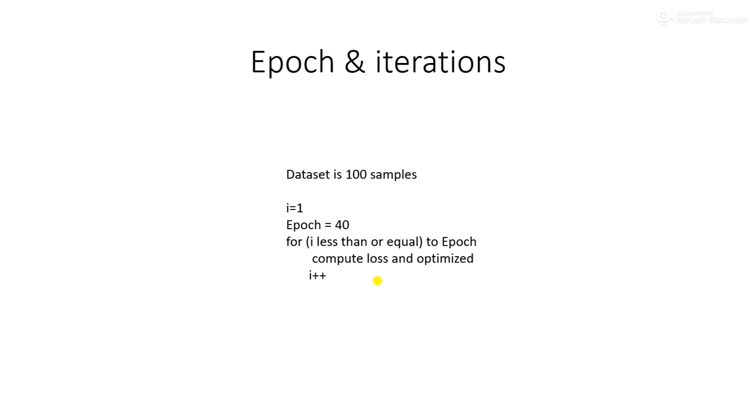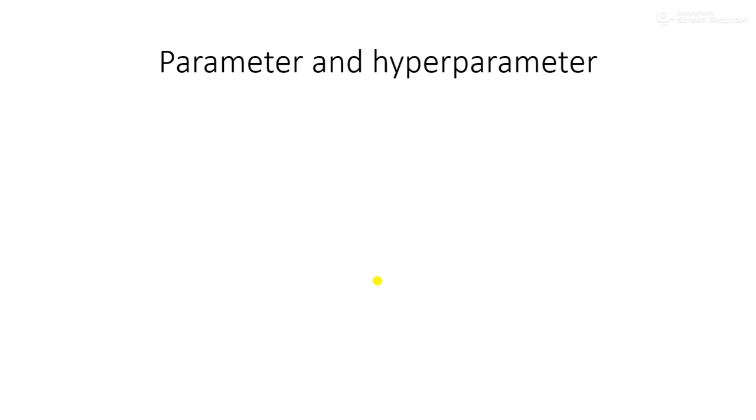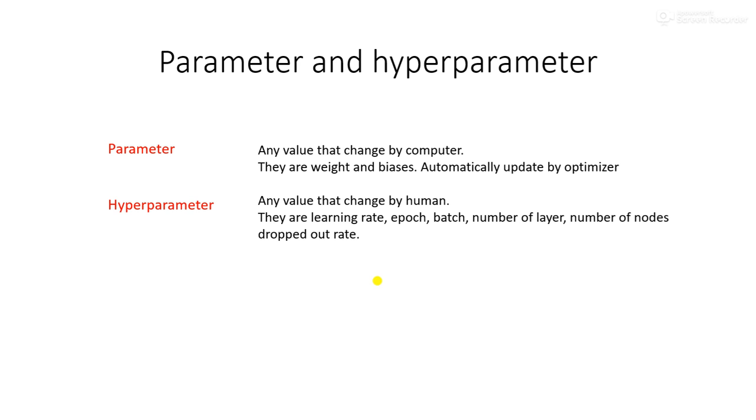Let's see on the next slide, parameter and hyperparameter. Okay, that's the definition of hyperparameter and the difference between parameter and hyperparameter. Okay, so parameter, what does it mean? Any value that is changed by the computer, such as weight and biases.